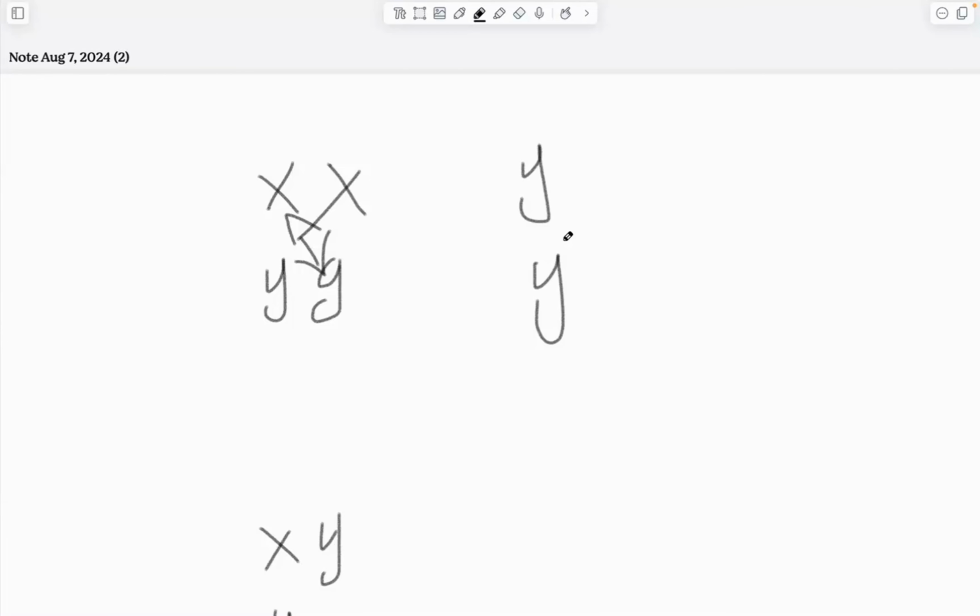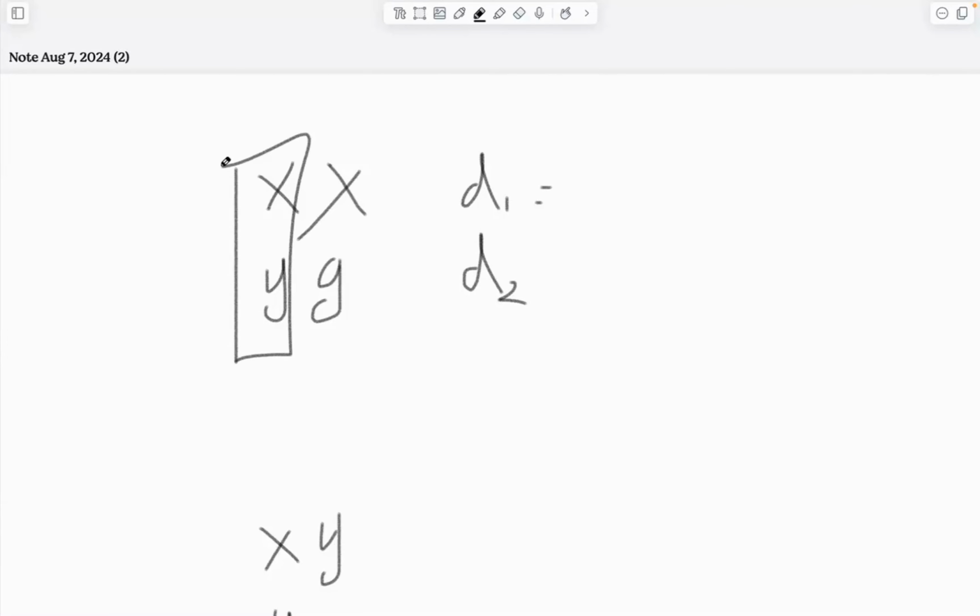Actually, there is a formula we can remember. We have d1 and d2. If we find that both characters are not the same, and they are x in the above and y in the below, we say d1 is increased by 1.